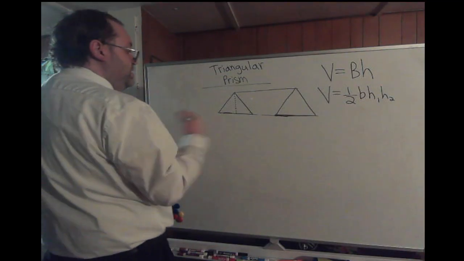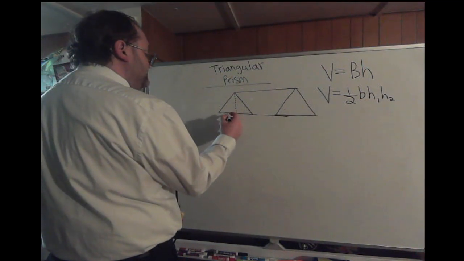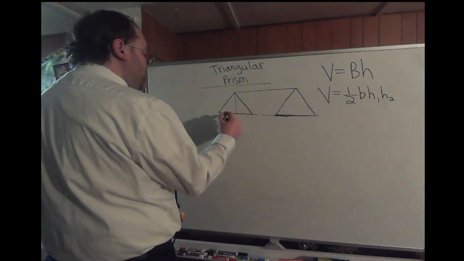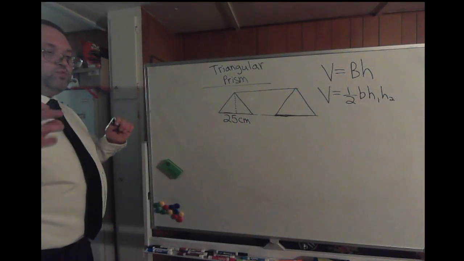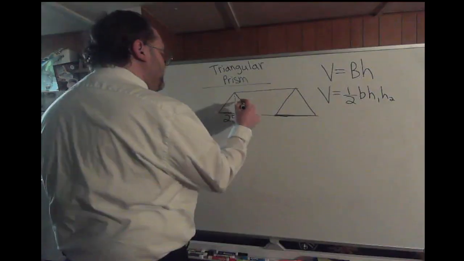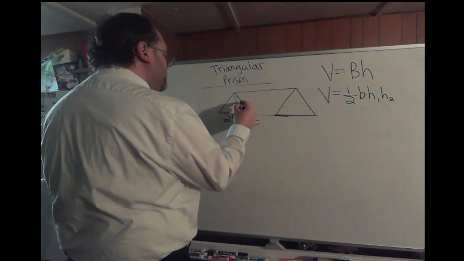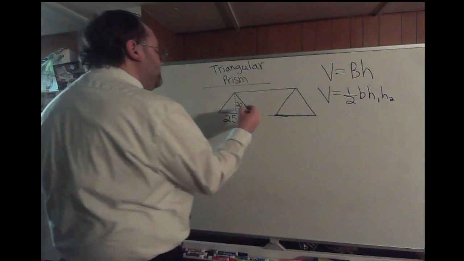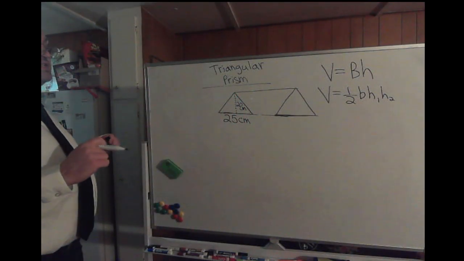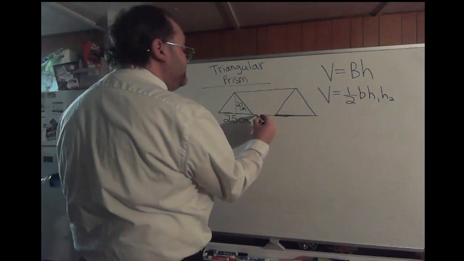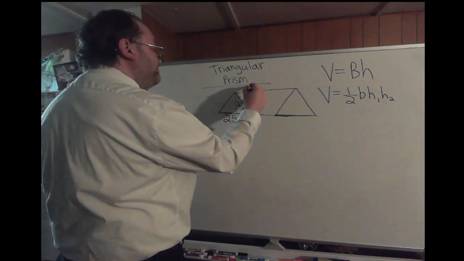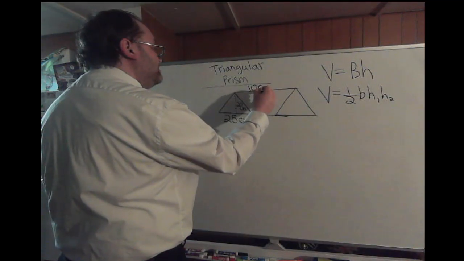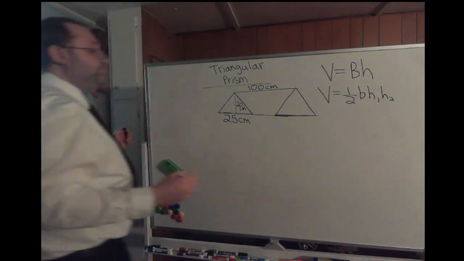So let's say your base is 25 centimeters for the base of just the one triangle face. You have a height of, let's say, 20 centimeters. The height of just the base of the triangle is 20 centimeters. Now if you want the height of the entire prism, let's make up a number and say it's 100 centimeters, right?